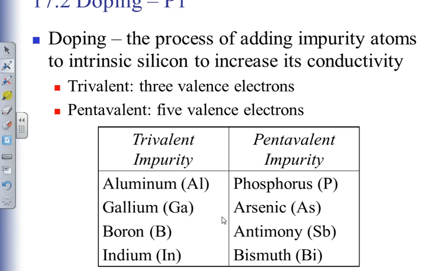So now I can make a diode with gallium, or I can make a diode with arsenic and have different properties of that diode. Not that we know what a diode is yet, but that's beside the point.